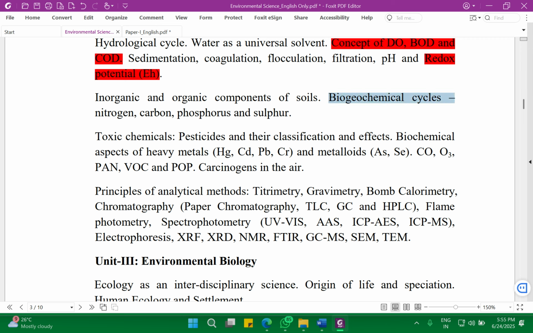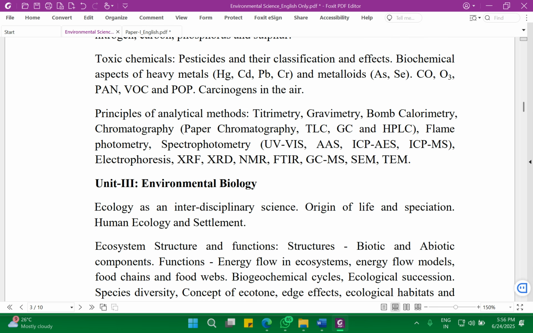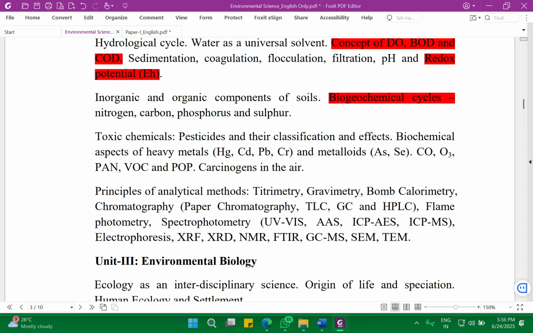And we may expect one or two questions related to the cycles: the NPK cycle, then sulfur cycle, then oxygen cycle, then water cycle. Then some questions may come from pesticides or heavy metals.